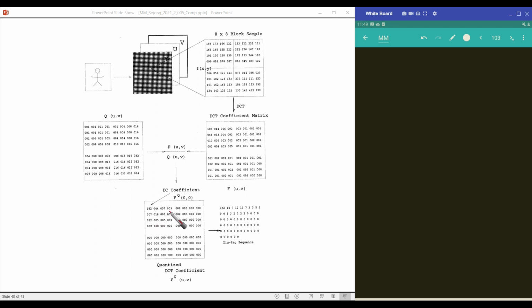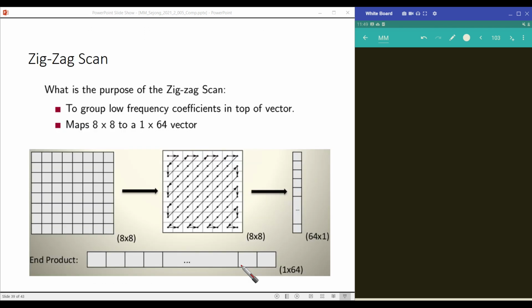Now what we do, you see, there is an interesting pattern. Most of the numbers are 00, but how about if we just collect these numbers in a zigzag pattern, following some specific zigzag pattern like this. Let's say this is our table after quantization. If we collect the numbers in such a way, first number is okay, and then we go here, we take this number, and then here this number, and then this number, and this number, then this number.